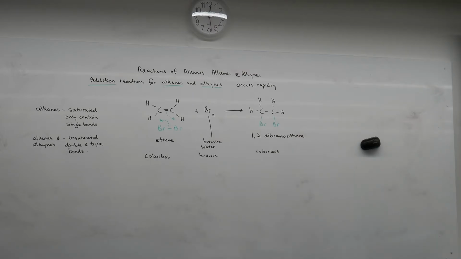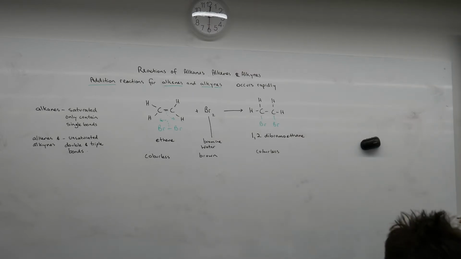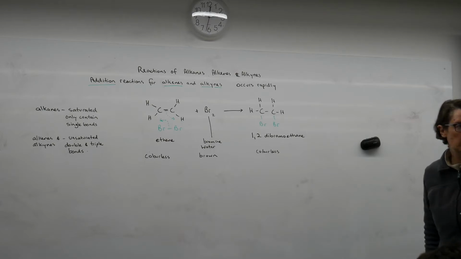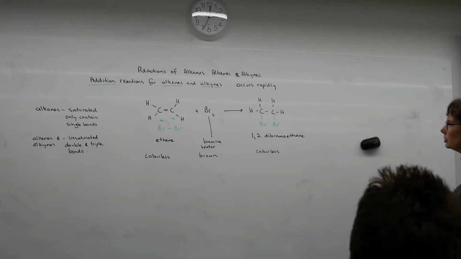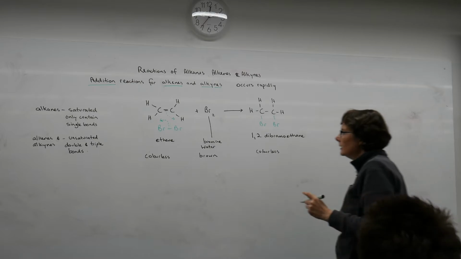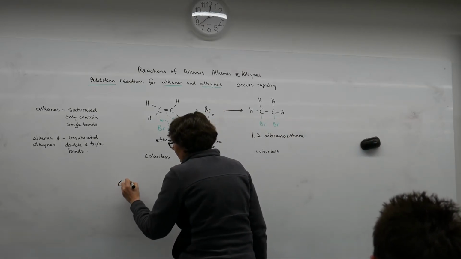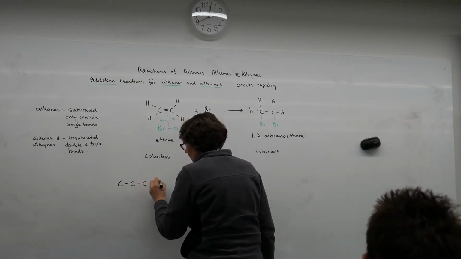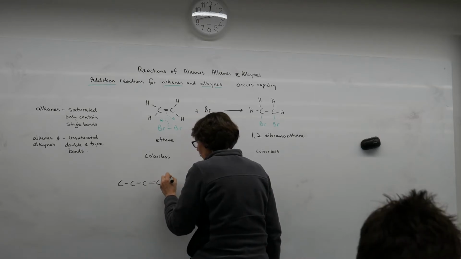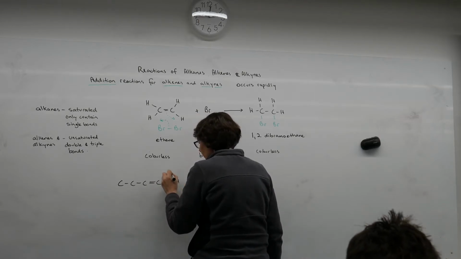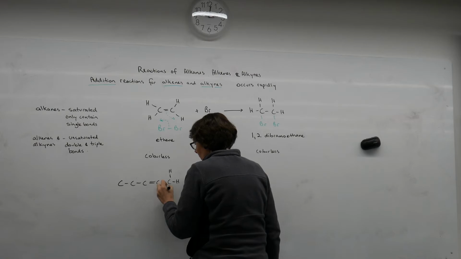Now, we talked about making lots of isomers of things with our substitution reactions for our alkanes. What would happen then? Is that going to be an issue with our alkenes?